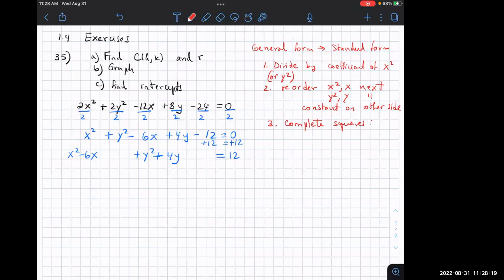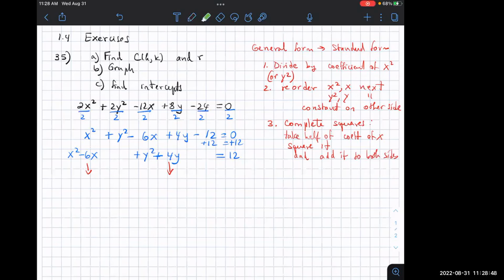Okay, so how do we complete the squares? Take half of the coefficient of x, square it, and add it to both sides of the equation.